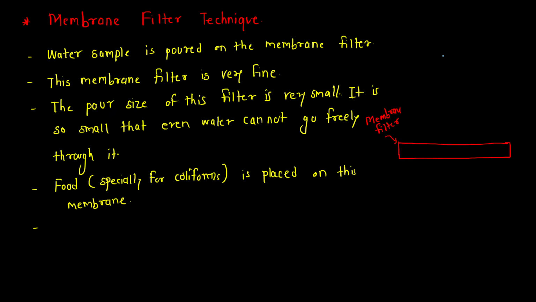So water is poured on this filter, and on this filter paper there is some food specially for the coliforms. Okay, so this is the food. Now what will happen? The coliforms which are present in the water will start eating this, or we can say they will surround it here.